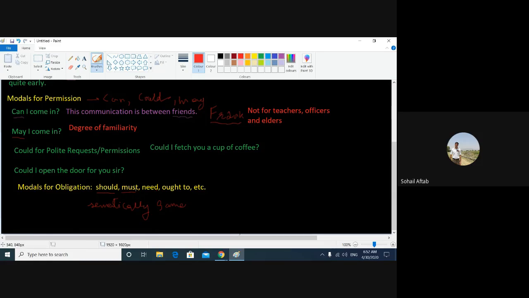Semantically same means that they have the same meanings, but the emphasis is different.